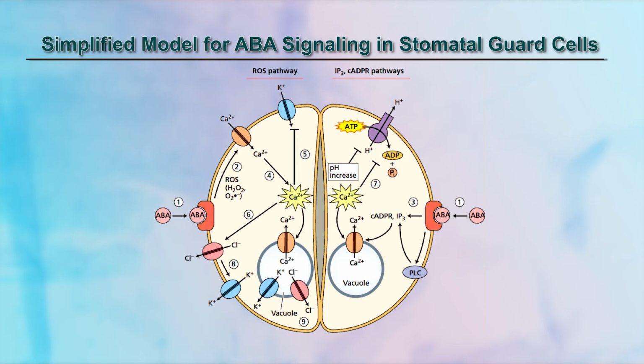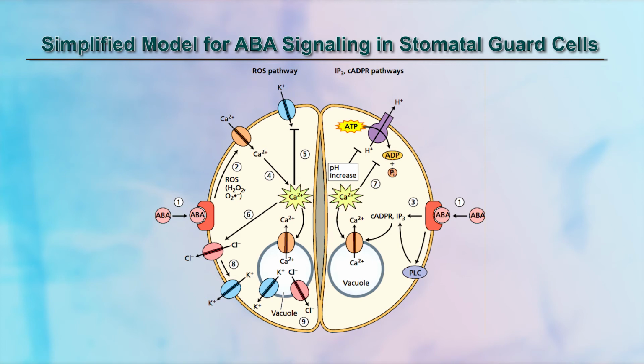Both pathways increase the calcium ion concentration within the cytoplasm, either by importing calcium from outside of the guard cell or by releasing the calcium stored within the vacuoles.